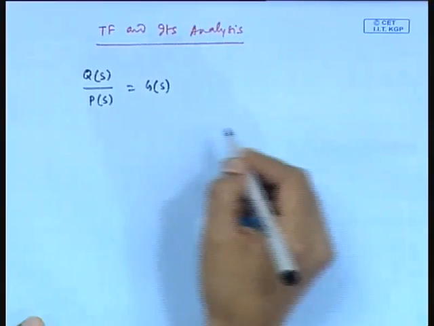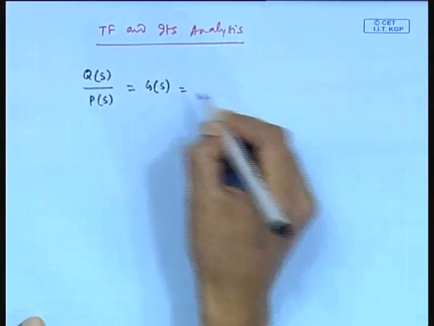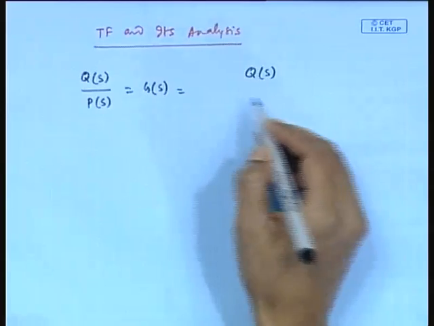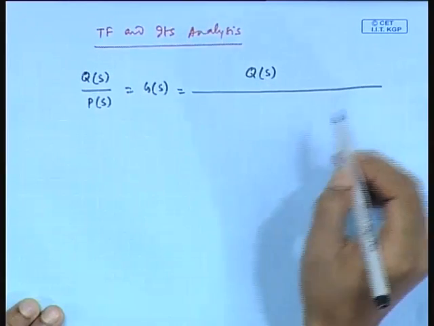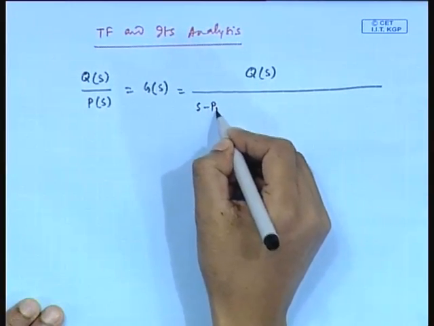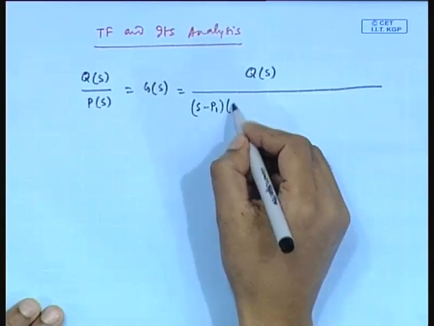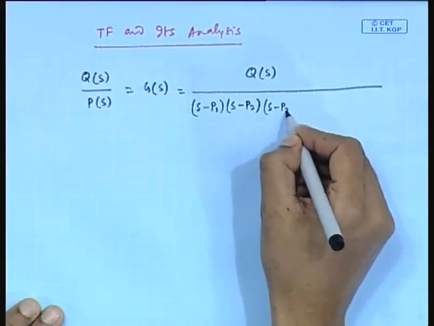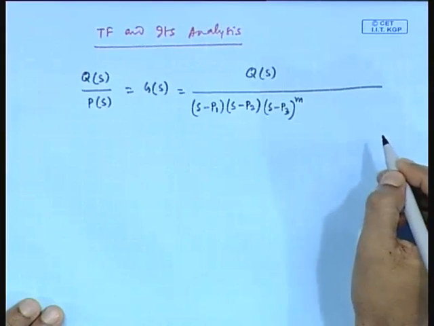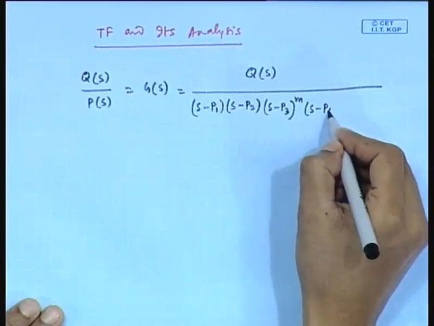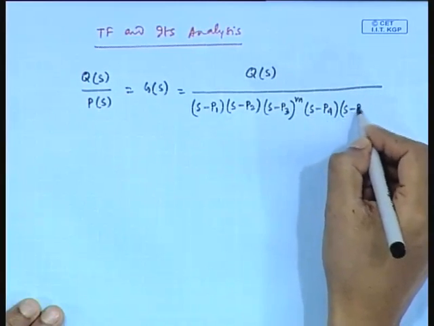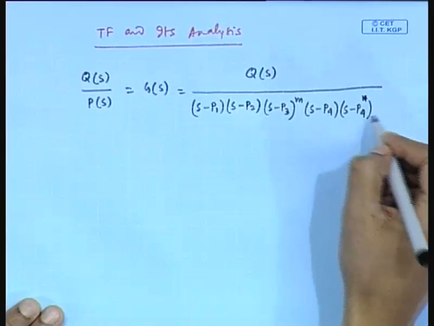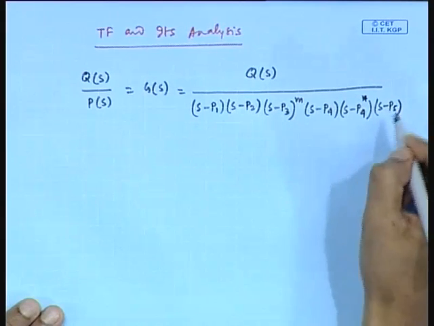Now, we will take one general form of this transfer function, represented by this equation: Q(s) divided by (s minus p_1)(s minus p_2)(s minus p_3) whole to the power m, (s minus p_4)(s minus p_4 star)(s minus p_5).